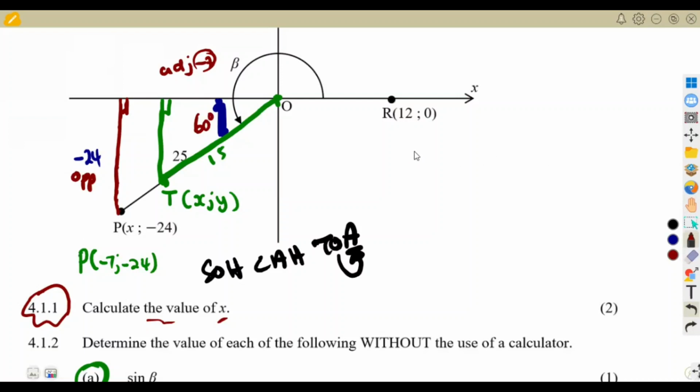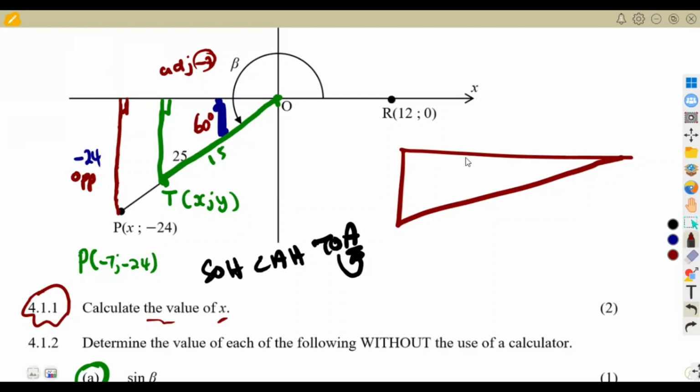So if I draw a triangle like this, right? I want to have it back here. So it's going to be like this. I want to have it the same way, guys. So let's say I've got this triangle here, you see it. And this is the common angle, this one. And this angle here is 30 degrees.